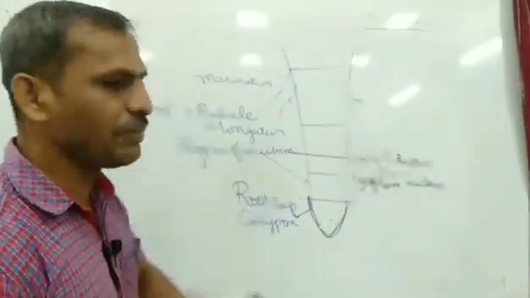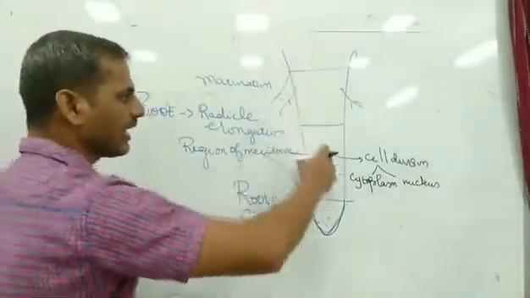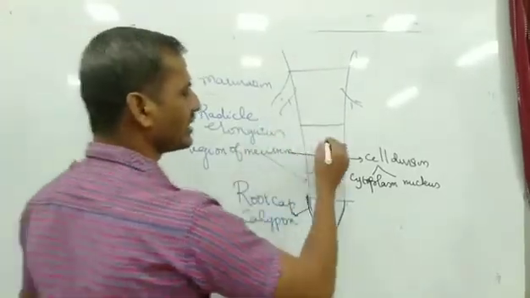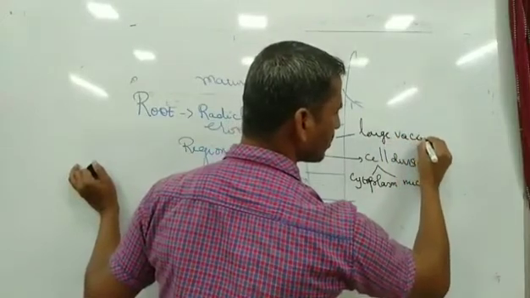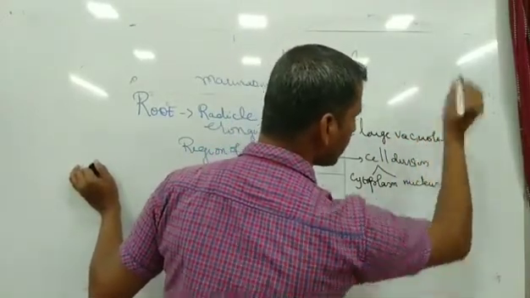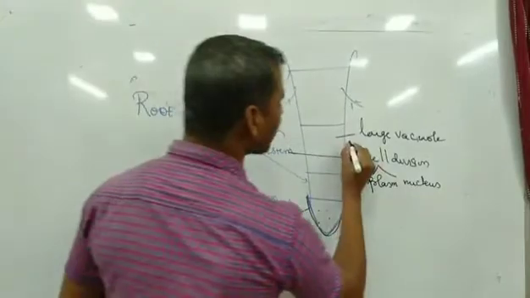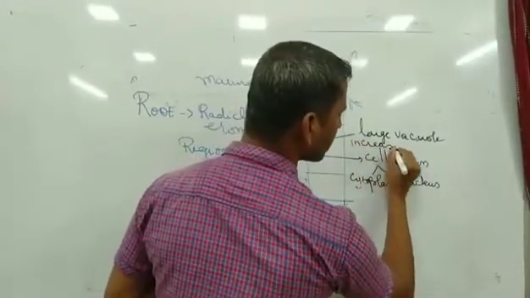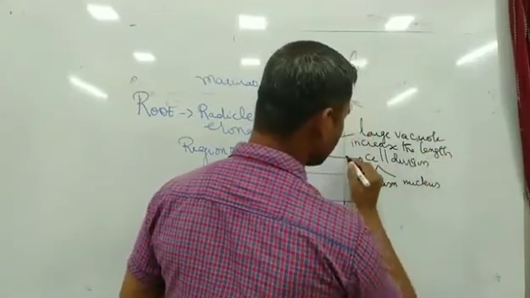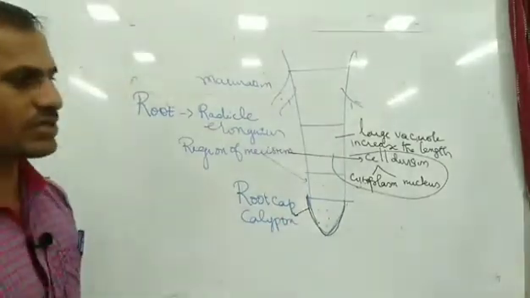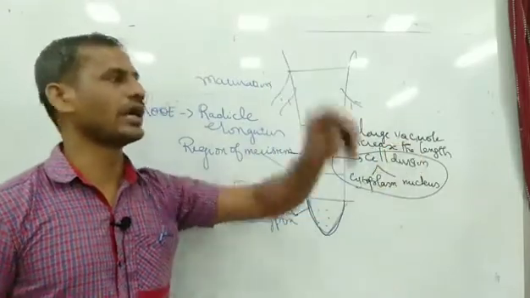Through these, cells keep on dividing and mature. The next region is called elongation, where a large number of vacuoles is present, so the length increases. So meristem has cell division, cytoplasm and nucleus; elongation has a large number of vacuoles and increased length.